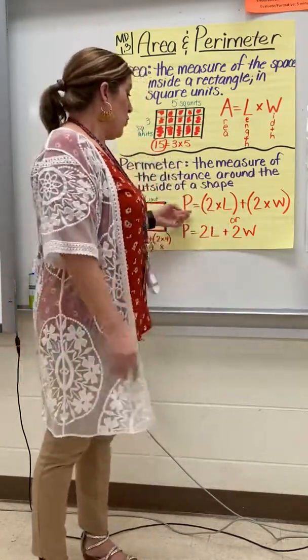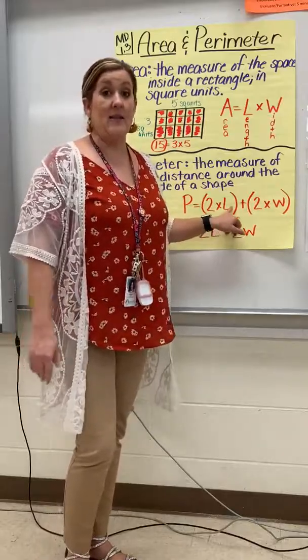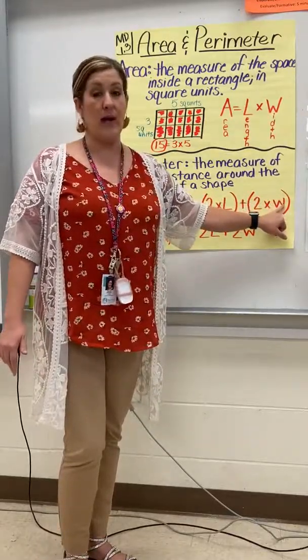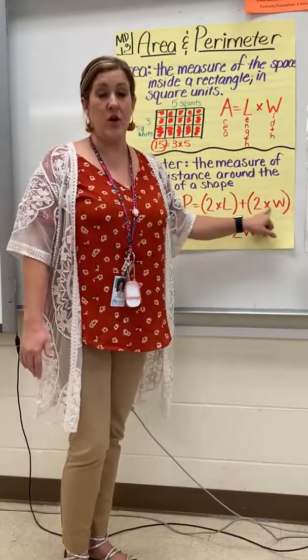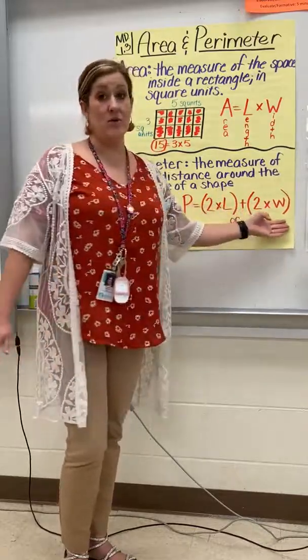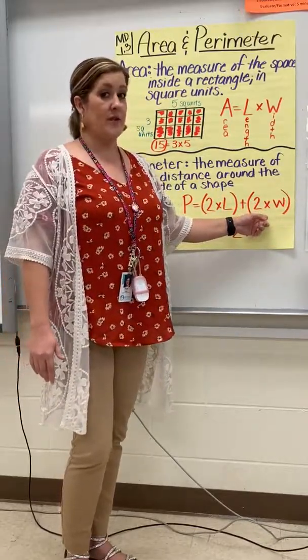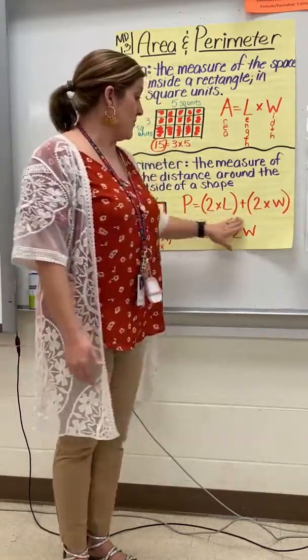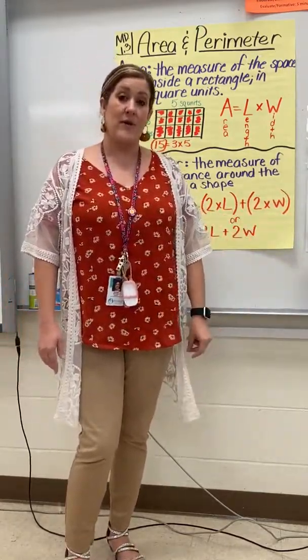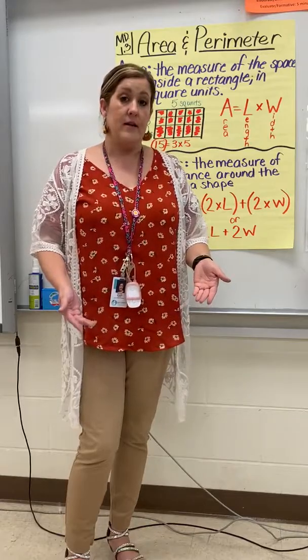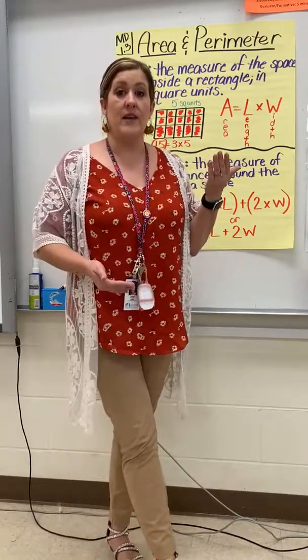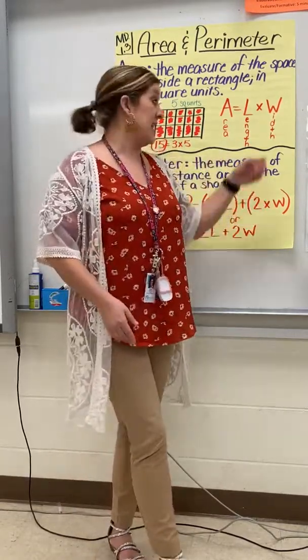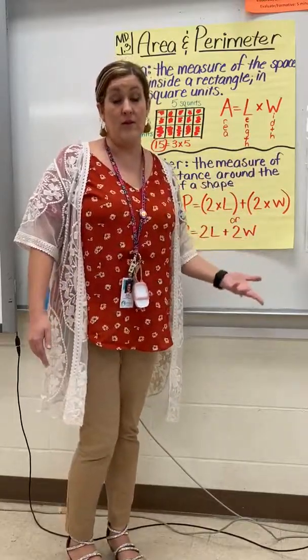However, when they are given, let's say, a length, but not a width, so they have an unknown side, they need to use this formula to help them solve for the missing side length. Okay, this is the formula that the FSA reference sheet will have. So they will have a reference sheet on the FSA test that has the area and perimeter formula for them.